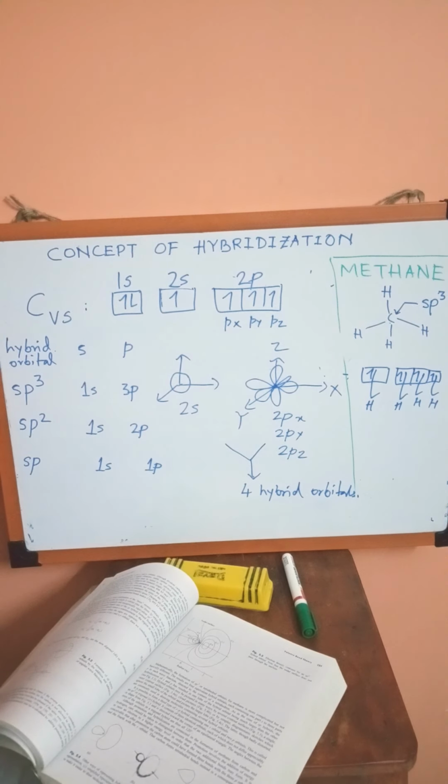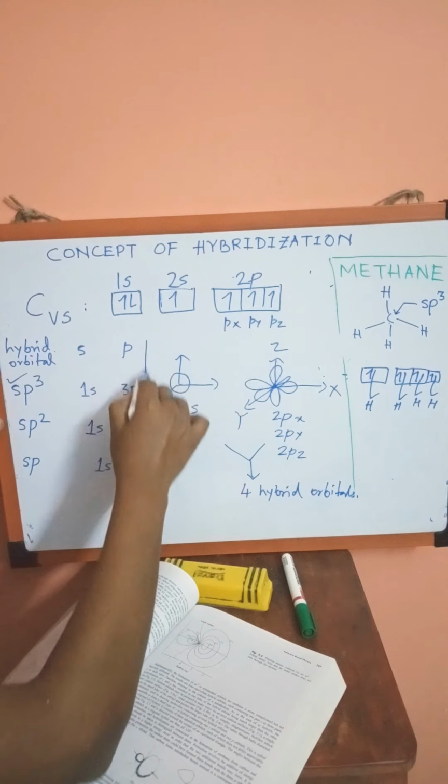I will talk about the details of these sp2 and sp orbitals. So let us first concentrate on sp3 as we are talking about these things. So how does it look?